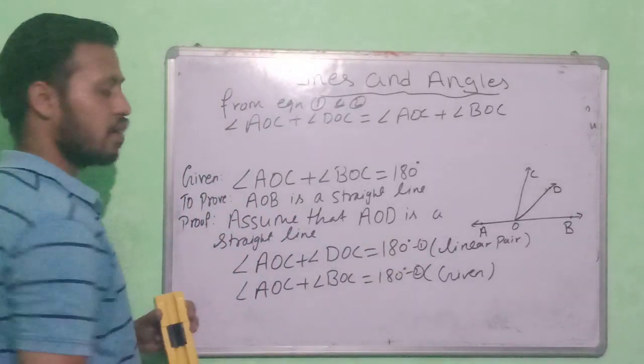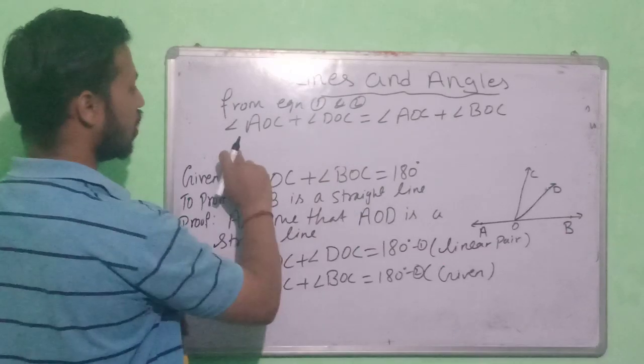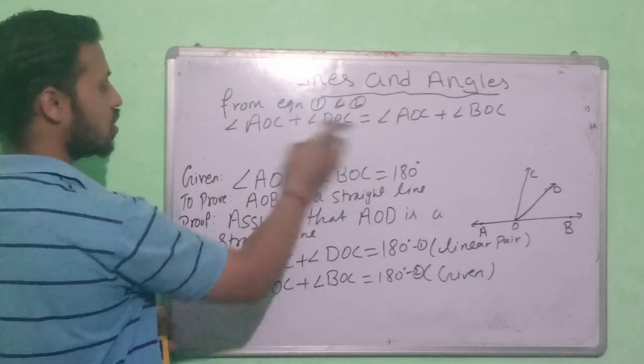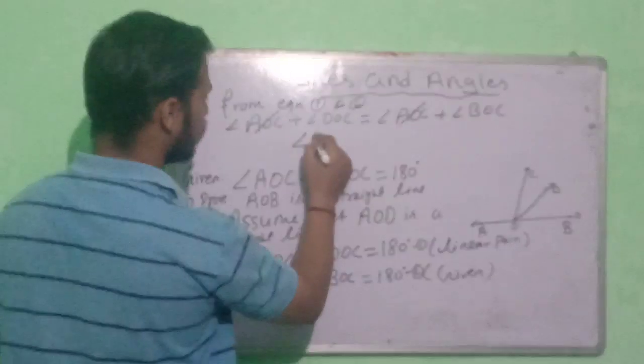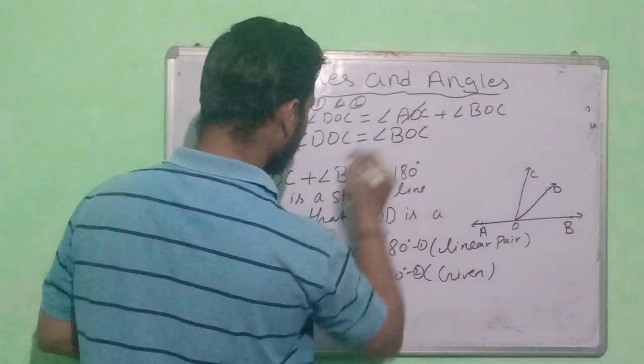When this AOC comes to the other side, its sign changes from positive to negative, and these two cancel. But we will get angle DOC equals angle BOC.